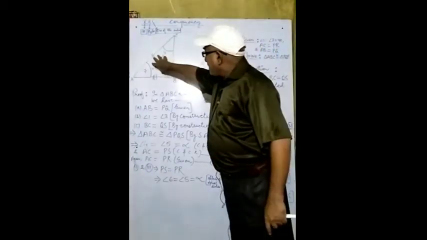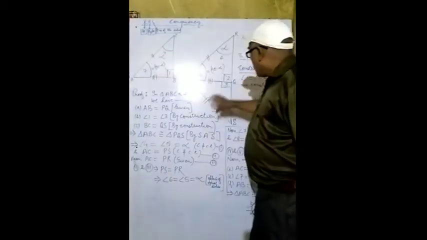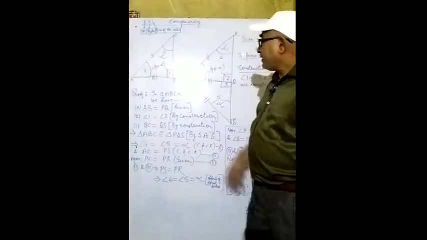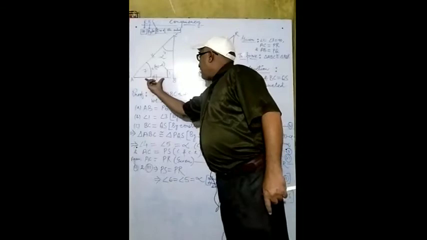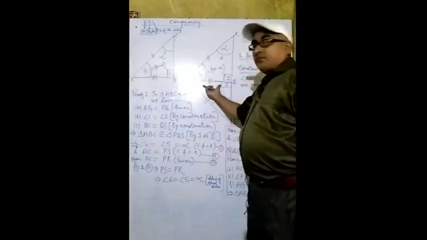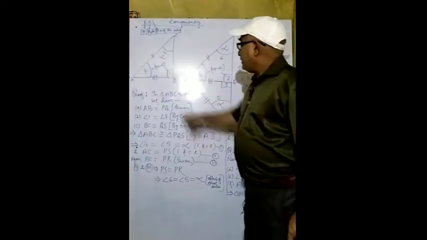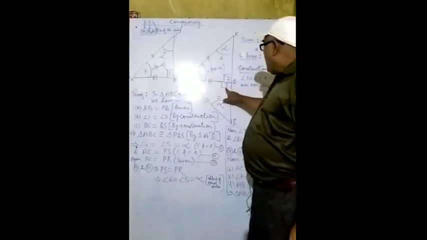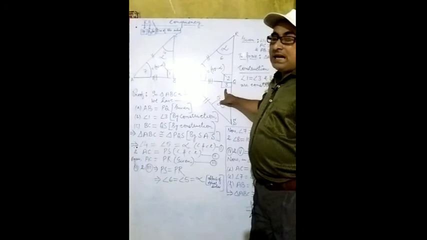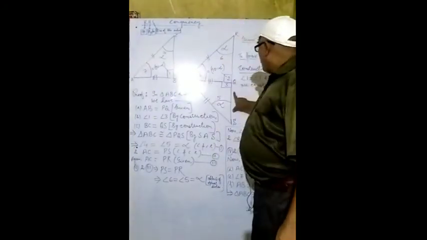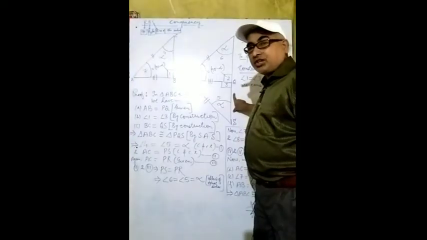Firstly, you have to show that this triangle is congruent to this lower one. How can you show it? Follow here. You have seen that AB equal to PQ. It is already given, one of the parts. Again, angle 1 equal to angle 3 by construction. Again, BC equal to QS by construction.